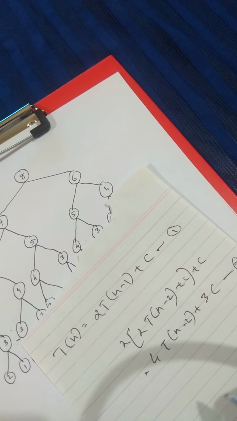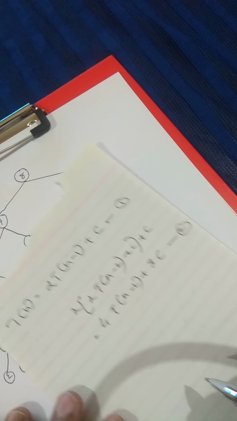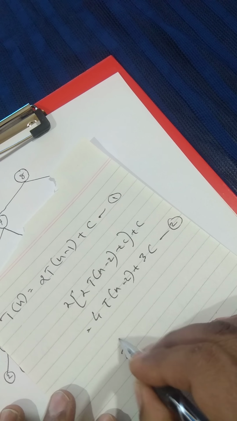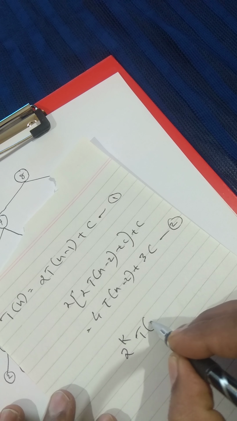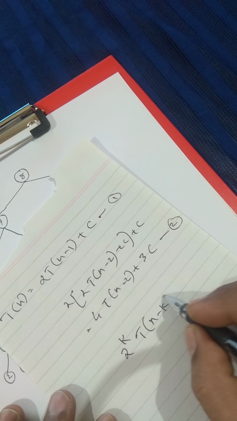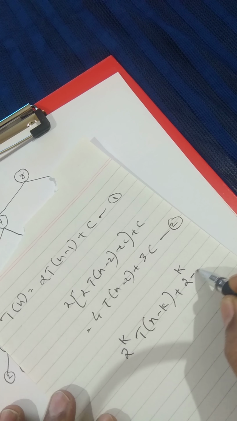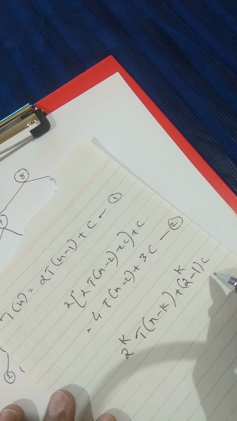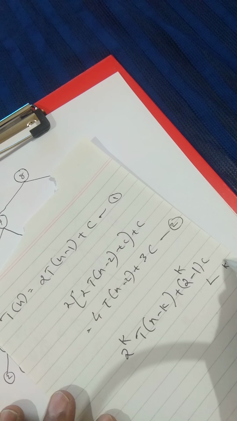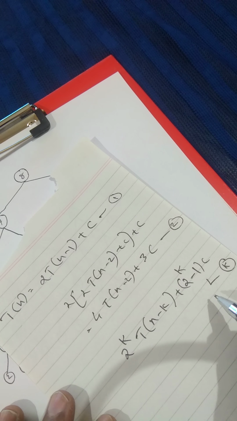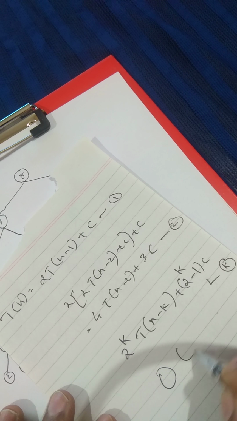And in general it is 2 raised to k times T(n minus k) plus (2 raised to k minus 1) times C. This will be the kth general equation, and the time complexity will be big O of 2 raised to n.